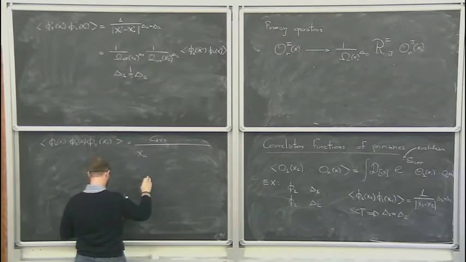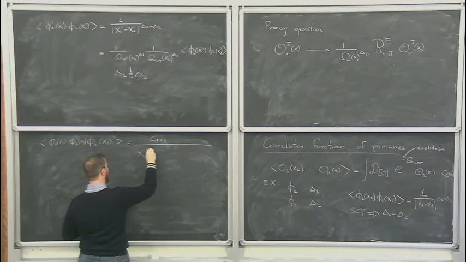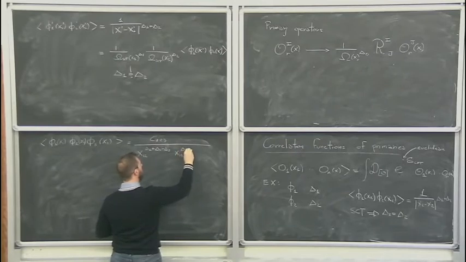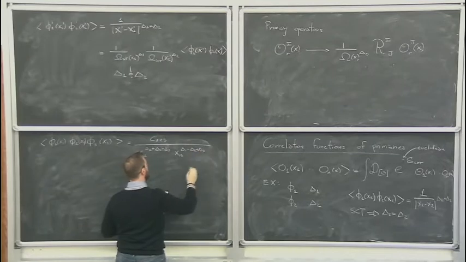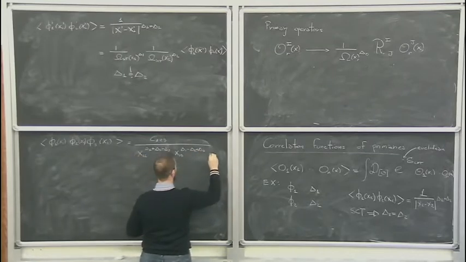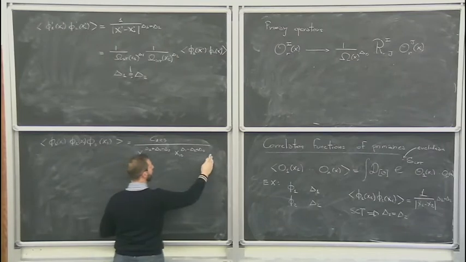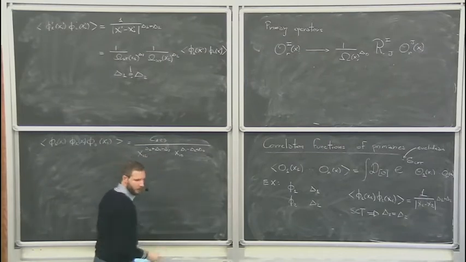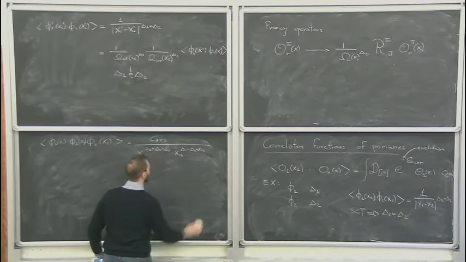x12 to the power delta 1 plus delta 2 minus delta 3, x13 to the power delta 1 minus delta 2 plus delta 3, and then there is another term. Let me write smaller.